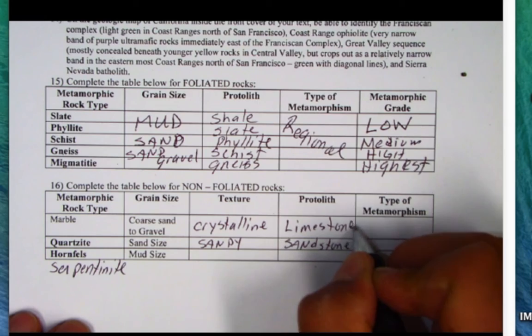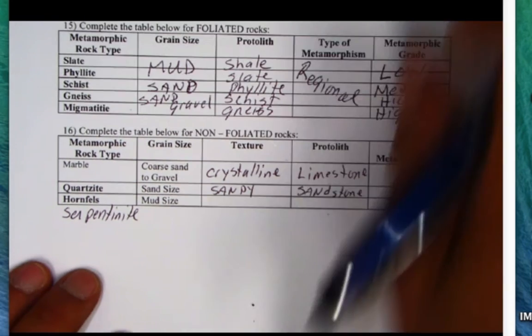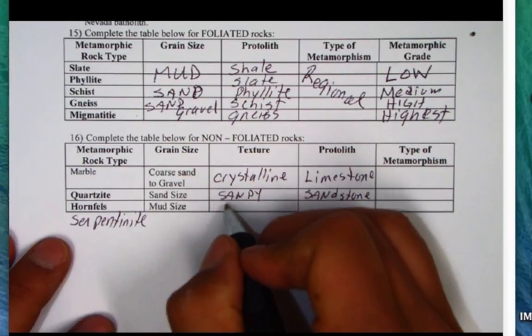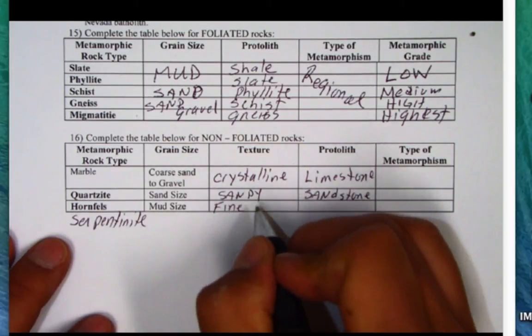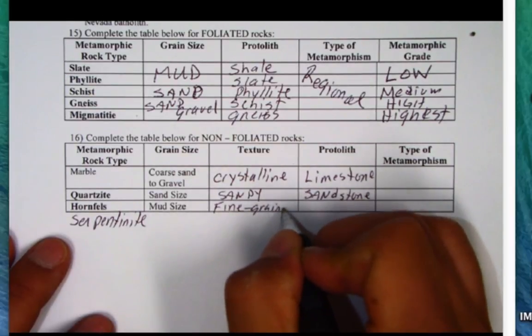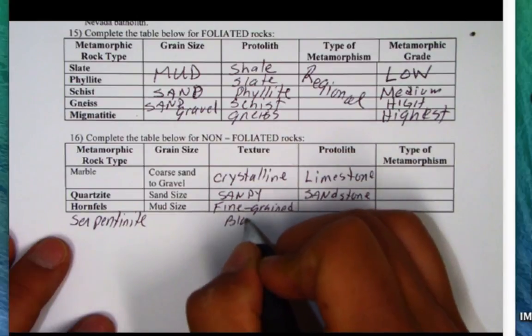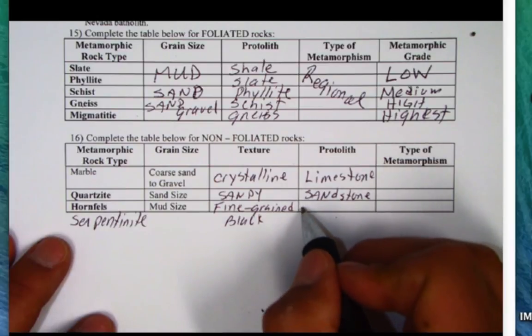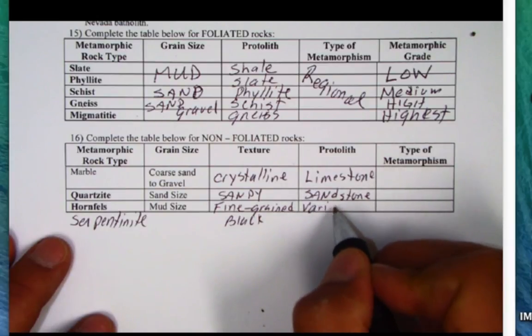And then for the hornfels, the texture is basically fine-grained. It's very fine-grained. It's black. It almost looks like basalt, but it's this burned rock. And the protolith is, we'll say, variable. It could be just about anything.